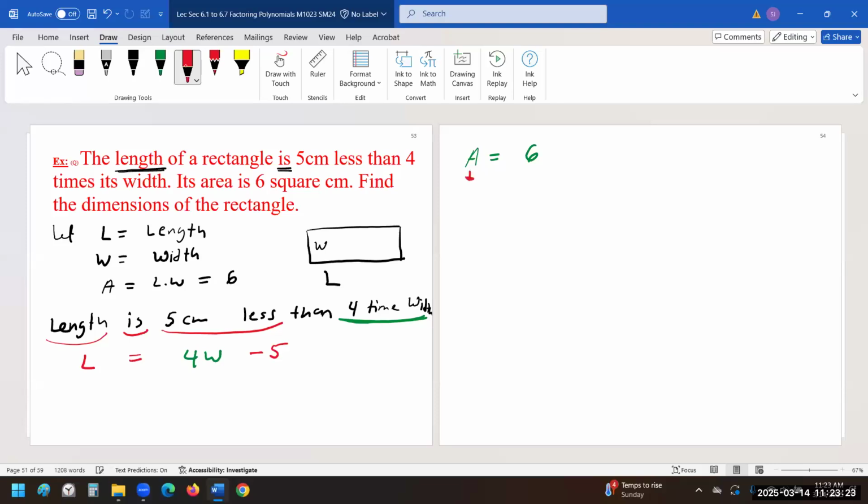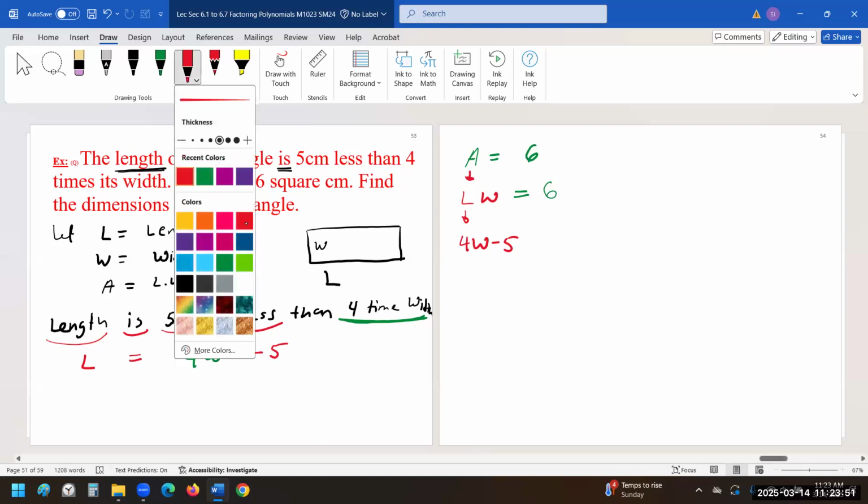What's the formula for the area of a rectangle? Length times width. It means length times width is 6, right? But what is L? The L is 4W minus 5. Because this is what we have here.